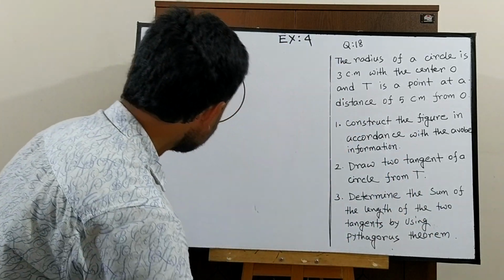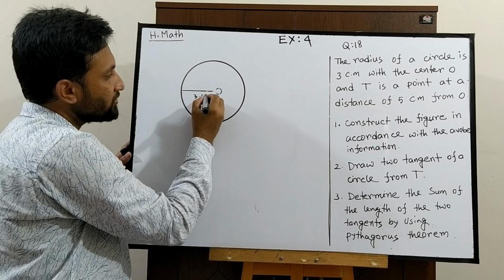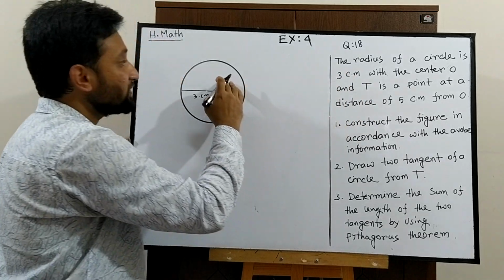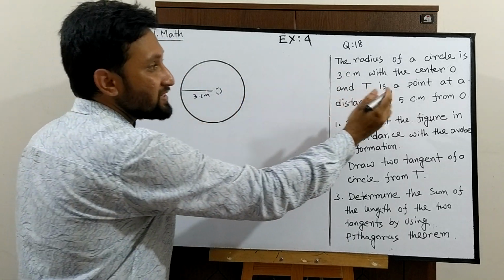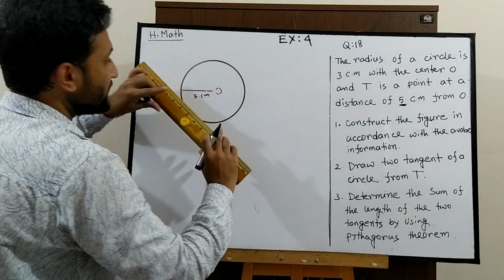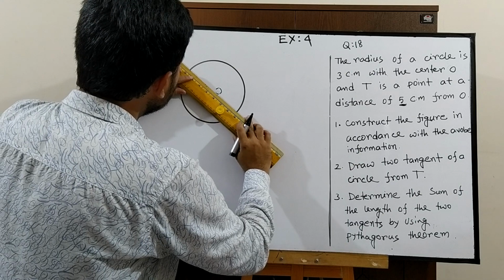Now the distance from the center is 3 centimeters, and another point T is outside the circle, whose distance is 5 centimeters. So measure another point 5 centimeters like that.